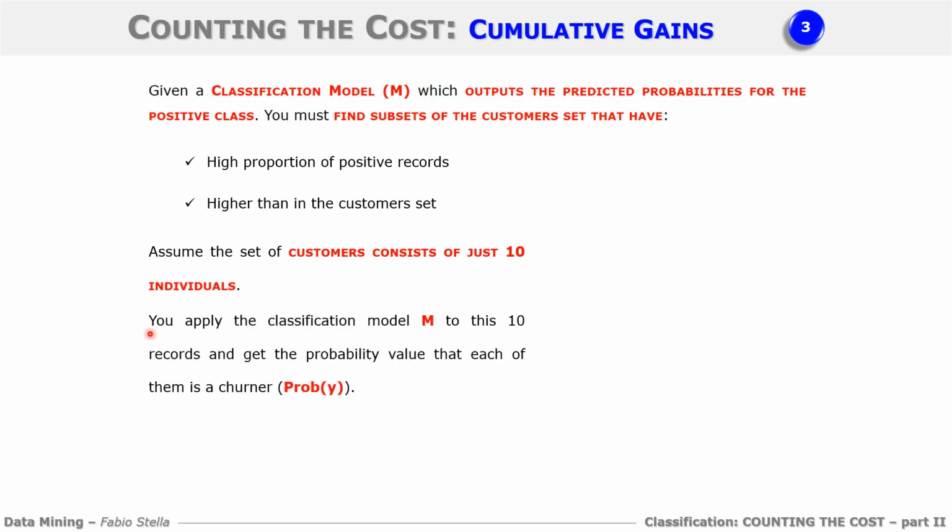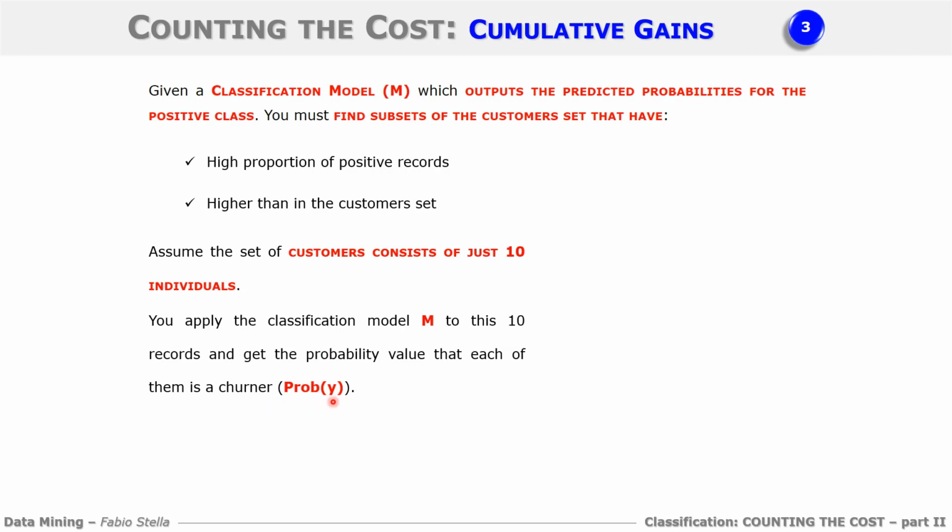Furthermore, assume that you apply the classification model capital M to these 10 customers, and get the probability value according to classification model capital M that each of these 10 customers is a churner. So in other terms, you apply the classification model capital M to the 10 customers, and you get the probability that each one of them is a churner.